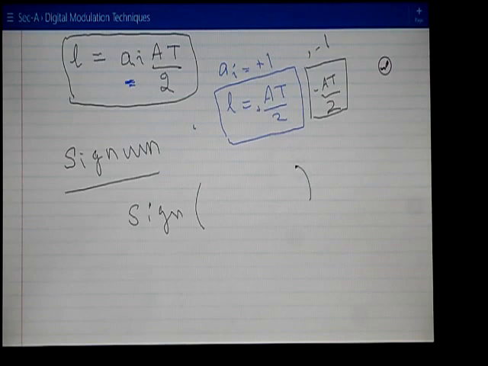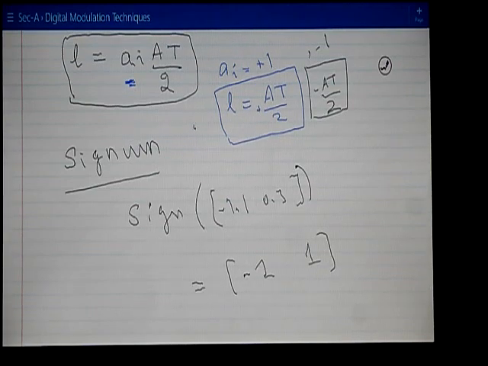If you operate it over a vector, for example, -1, 0.1, 0.3, like this, the signum function would output a vector which will be -1 for the negative value, and for 0.1 and 0.3 it will give you +1. For any negative value, it will give you -1. For any positive value, it will give you +1. So the threshold detector detects a 0 and a 1, and you get the value of a 0 or a 1.